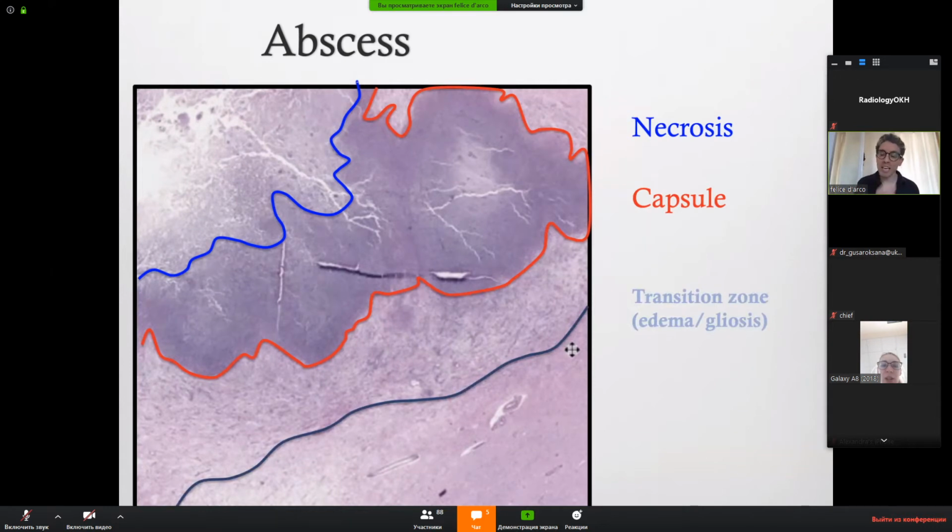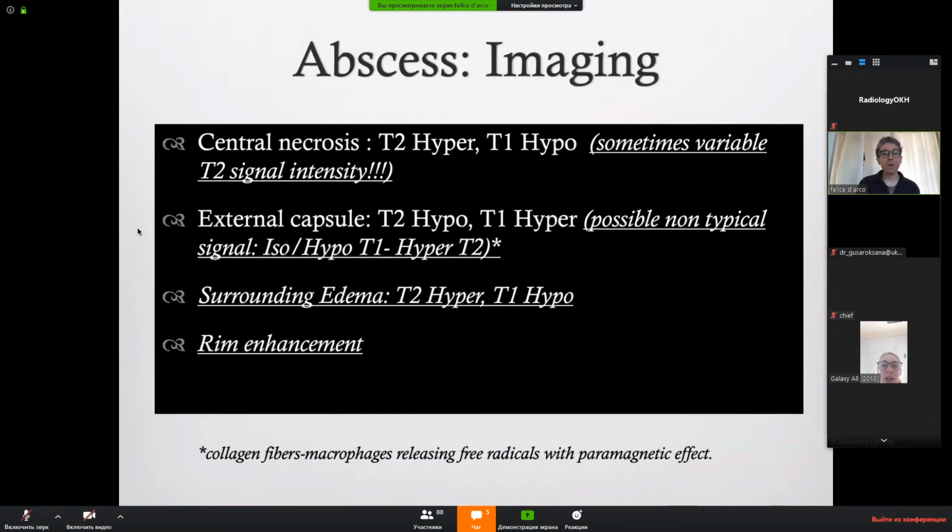When we look at the images, and this is normal brain, we will see exactly the same thing. So let's start with normal T2 and T1, and for CT it is the same. We have the central necrosis that is fluid, so T2 hyper, T1 hypo. The T2 signal can be variable, so if you don't see a homogeneous T2 signal, don't think of something weird.